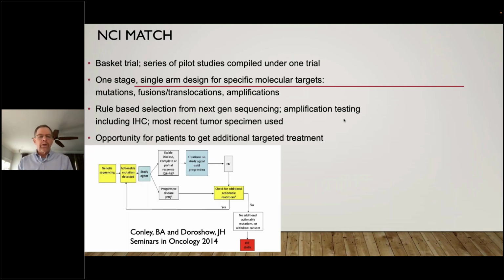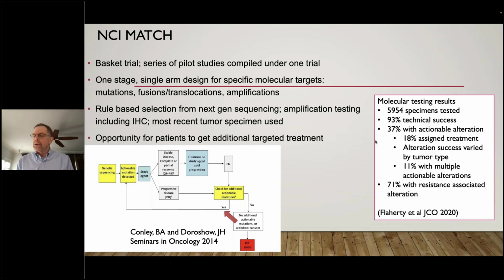NCI-MATCH, quite a famous basket trial, now looking across cancers for specific molecular targets. Single arm design, looking at mutations, fusions, translocations, amplifications. It was rule-based. The amplification testing was defined very carefully. And they used the most recent tumor specimen, which is in fact quite important. And there was an opportunity for patients to actually get additional therapy if they failed the initial.